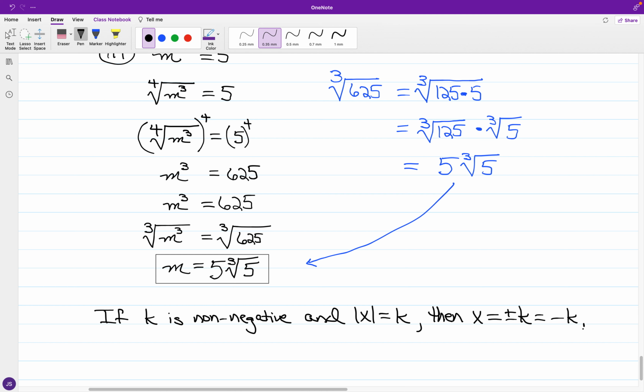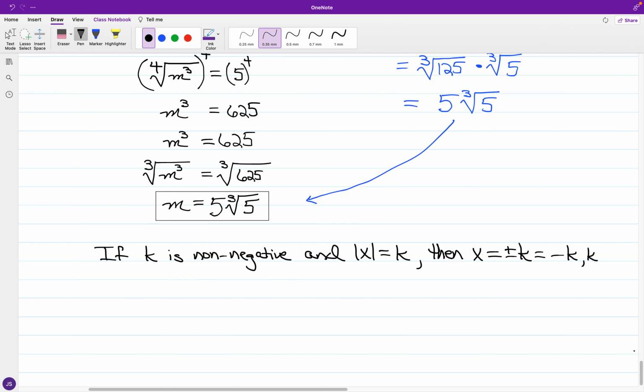Again, you have your possible values for x, where we have negative and positive k.